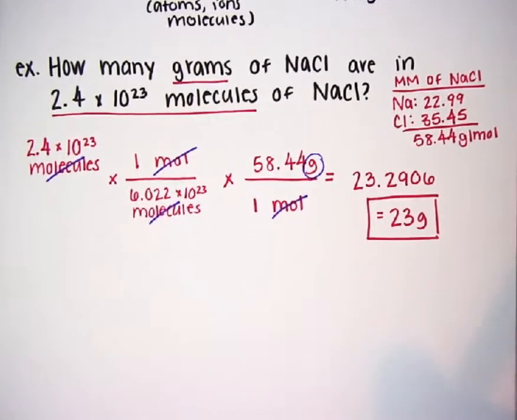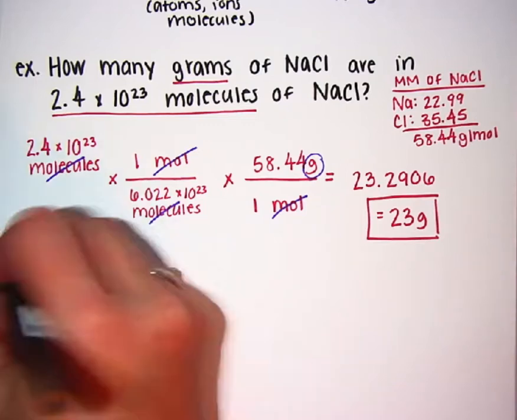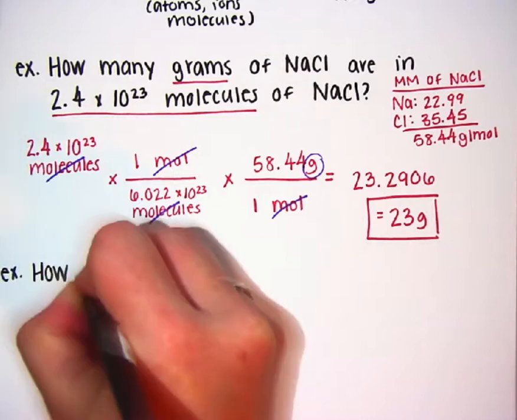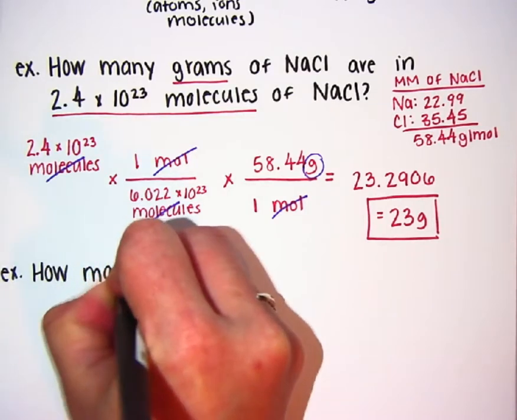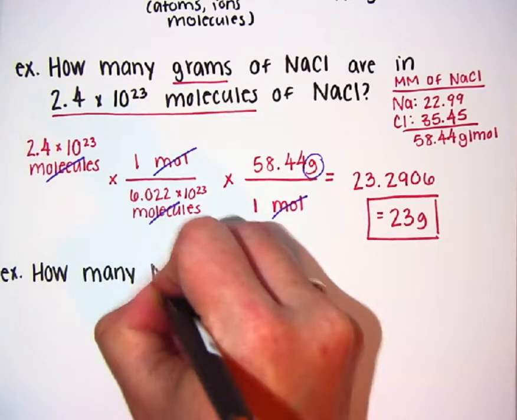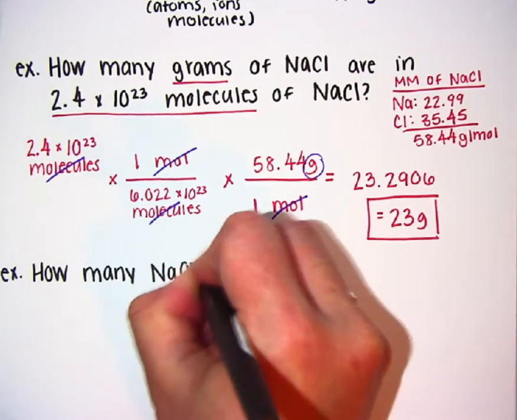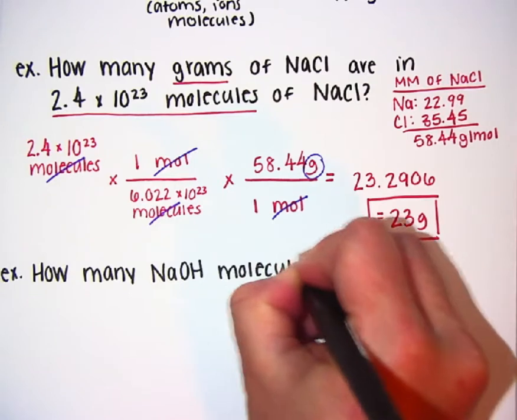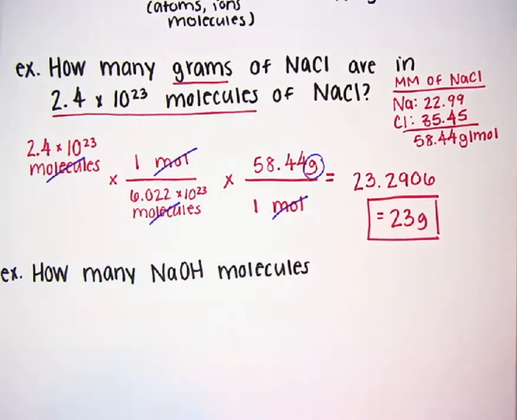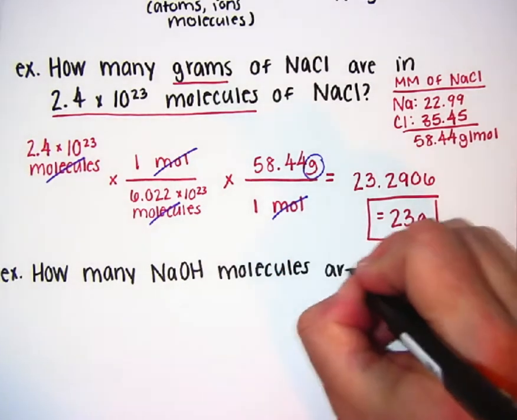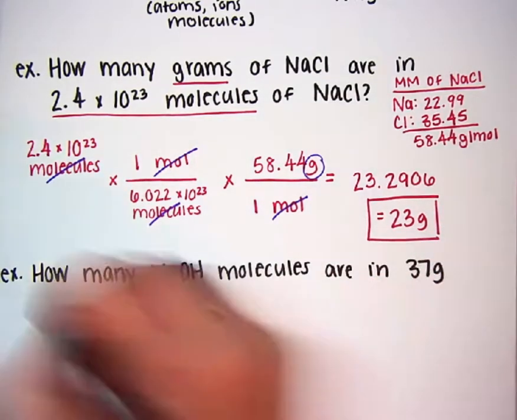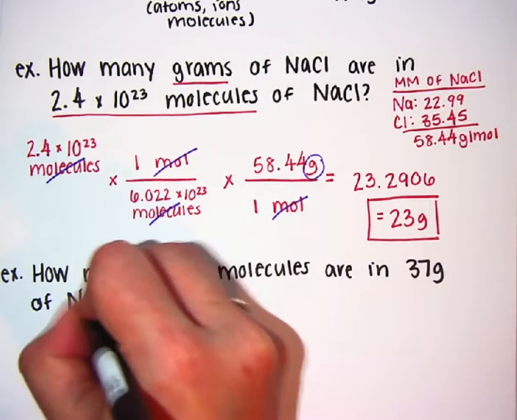Let's try another. How many NaOH molecules are in 37 grams of sodium hydroxide?